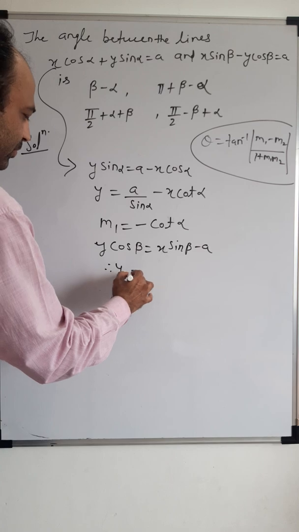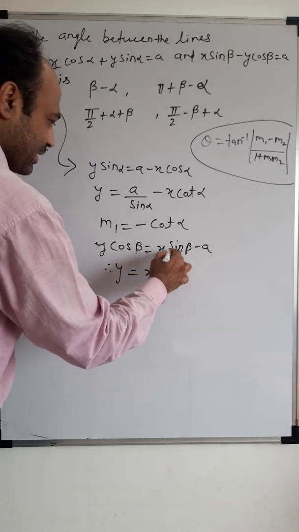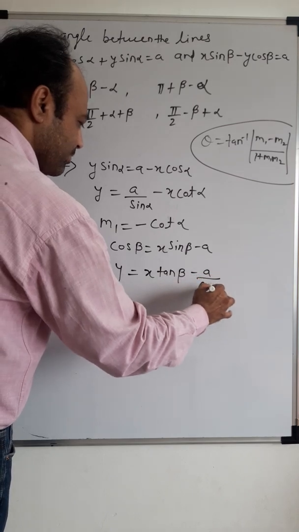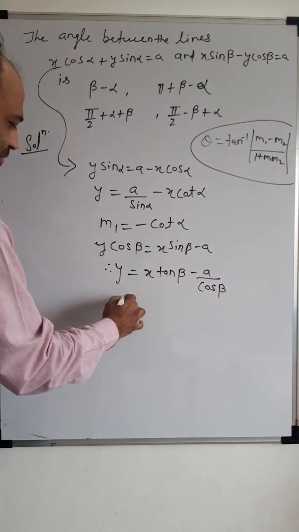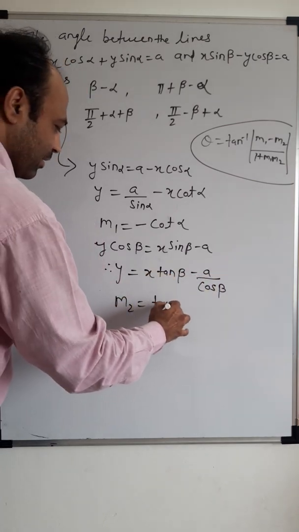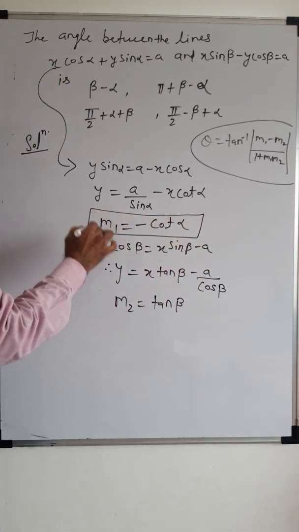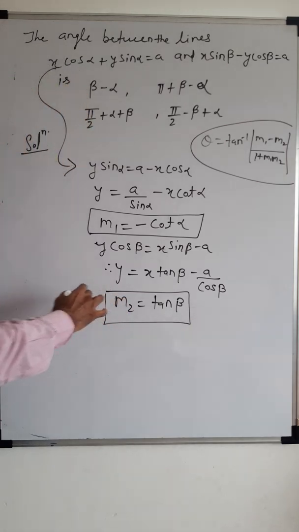Therefore y equals x tan beta minus a upon cos beta. So from this line the slope came as tan beta. Fine. So m1 is minus cot alpha, and m2 is tan beta.